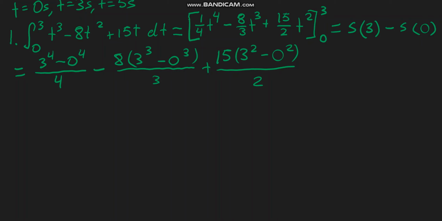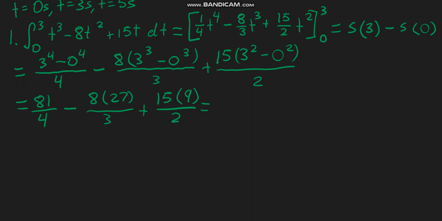Now, since no calculator is allowed, this is going to take a bit of time and brain power. So 3 to the 4th: 3 times 3 is 9, times 3 is 27, times 3 is 81. The 0 term we can leave there. Then we're going to subtract 8 times 27 over 3, plus 15 times 9 over 2.